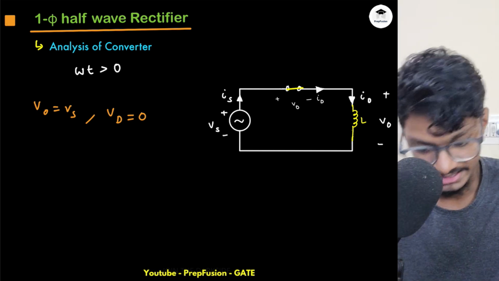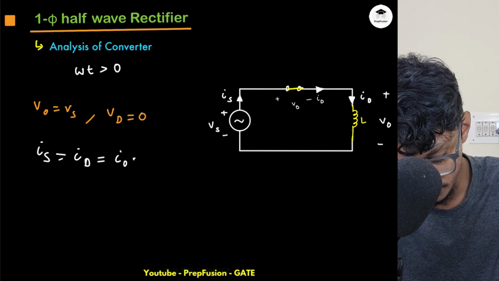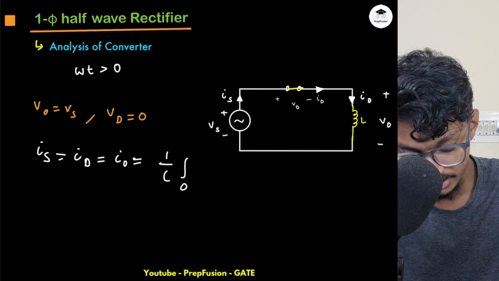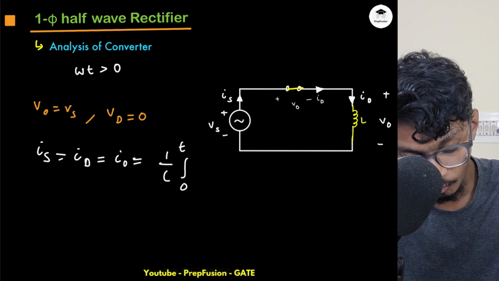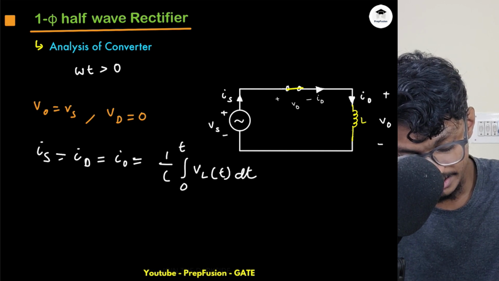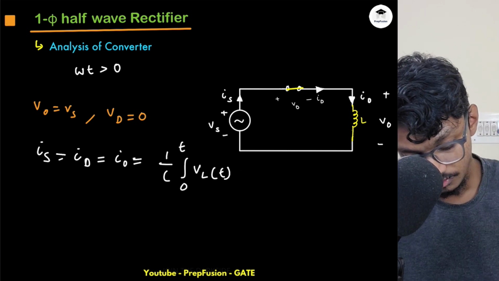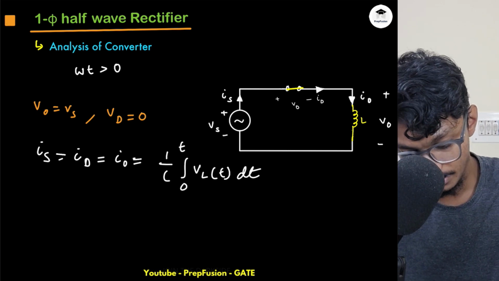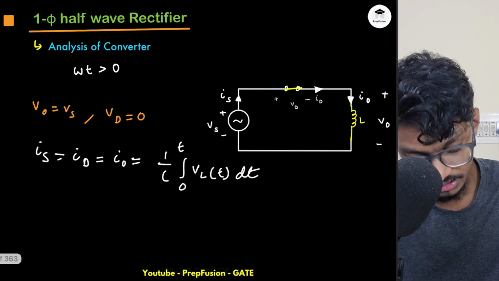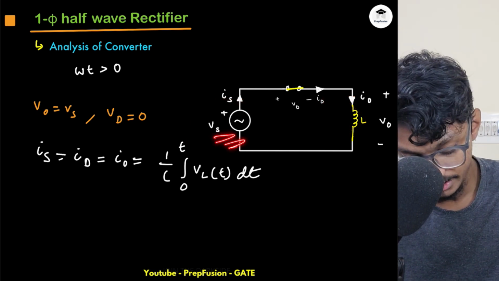So what will be my IS or ID current? It will be equal to IO, and it is simply equal to the integration of 1 by L from 0 to t of the voltage across the inductor. Why is that the case? Because if you observe carefully, just after this switch closes, my VL becomes VS, that is this supply.